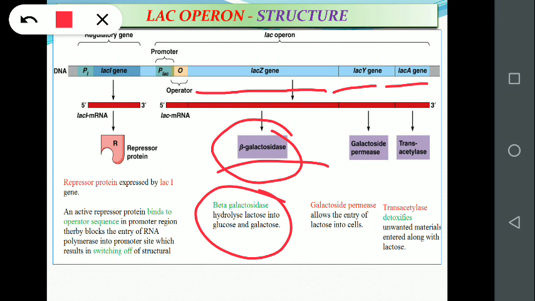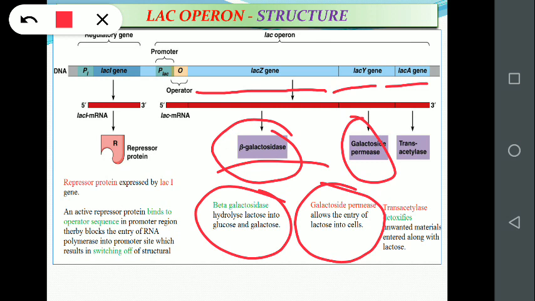And the second one is galactoside permease. The function of this protein is that it forms a channel through the cell membrane, through which the lactose enters the cell. Okay, otherwise if you don't have the permease molecules, then even though the lactose is present in the medium, that won't enter into the cell.